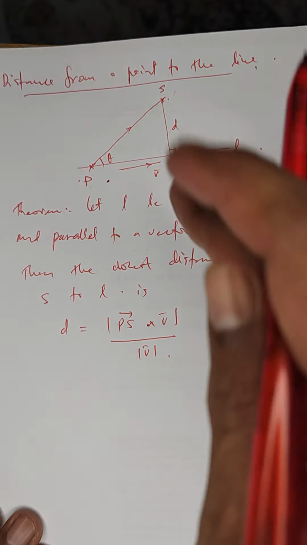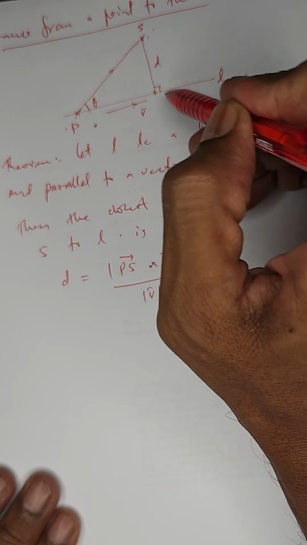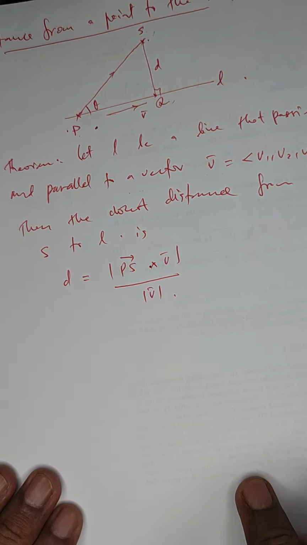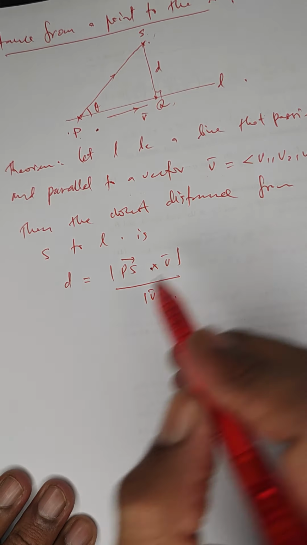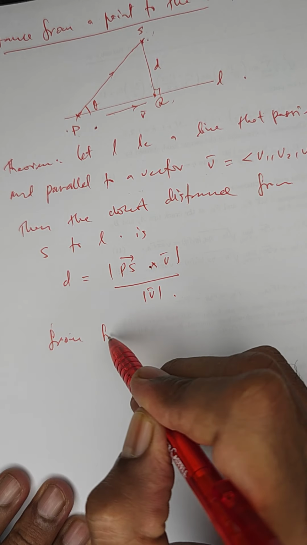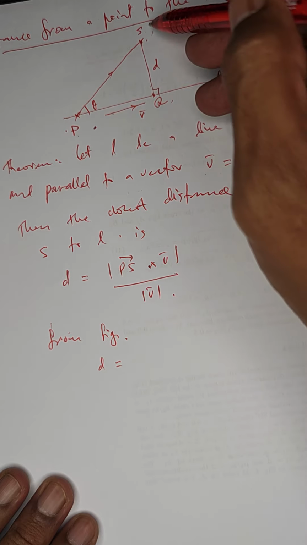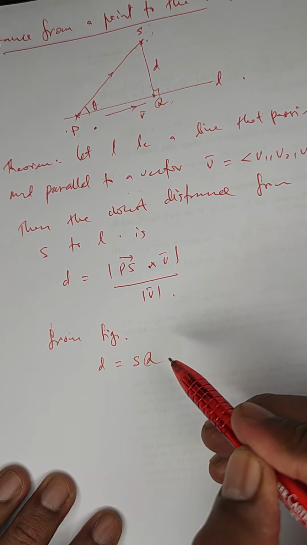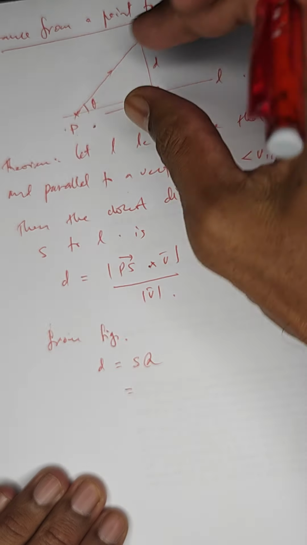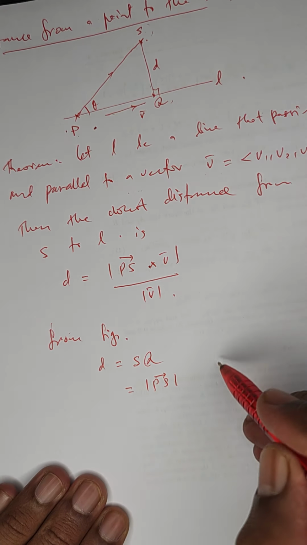From the diagram, let's say this point is Q, the point S projected on line L. From the figure, we have D is SQ, and SQ is the magnitude of vector PS times sine theta.